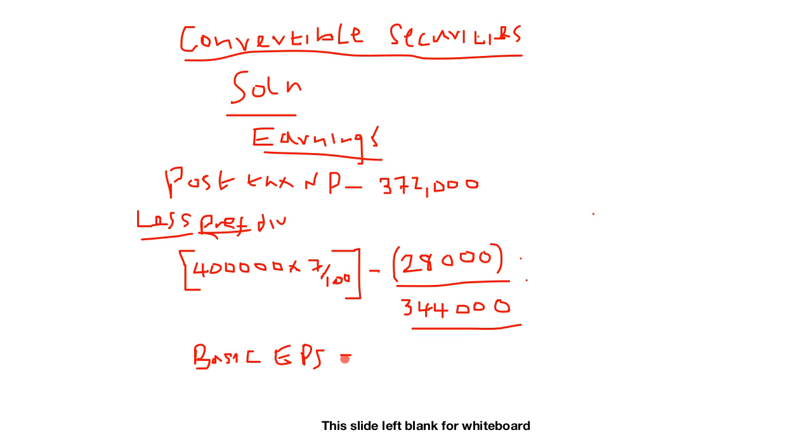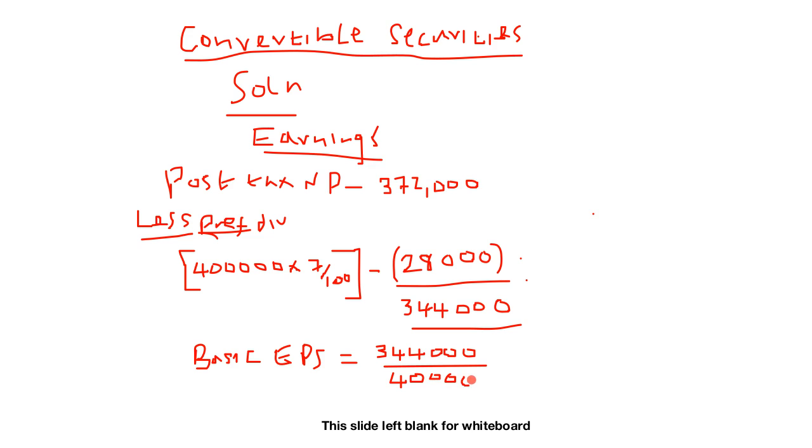So the basic earnings per share will be given by the earnings, which we have calculated as 344,000, divided by the WANOS, and our WANOS here for ordinary shares is 4 million shares.